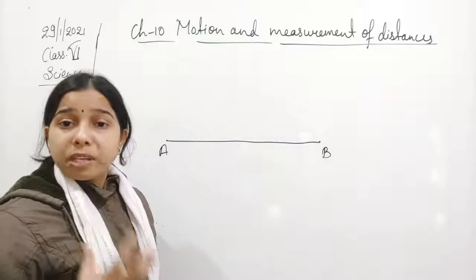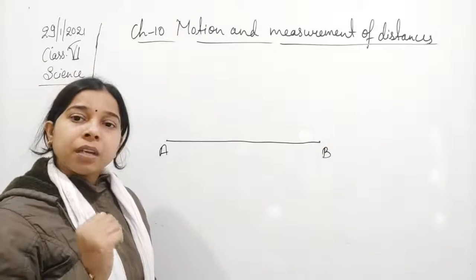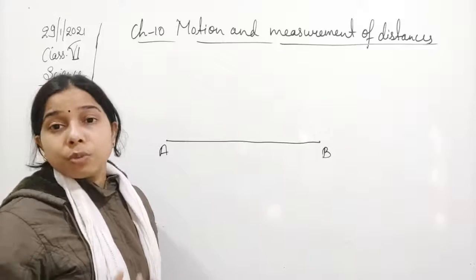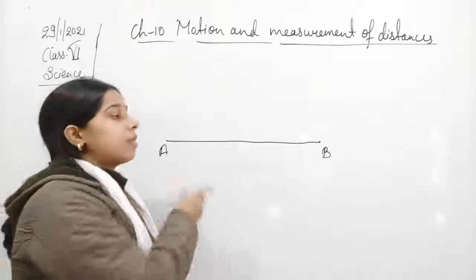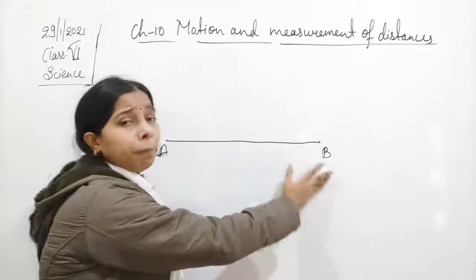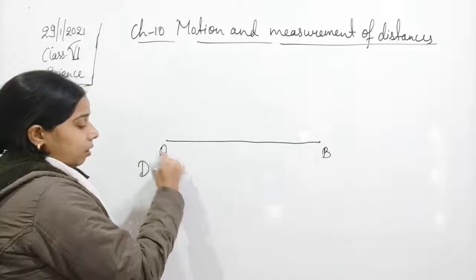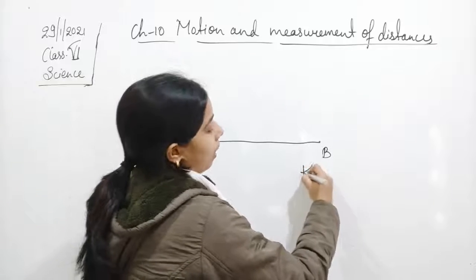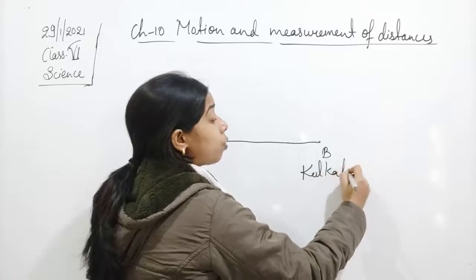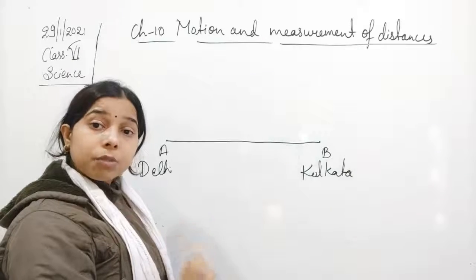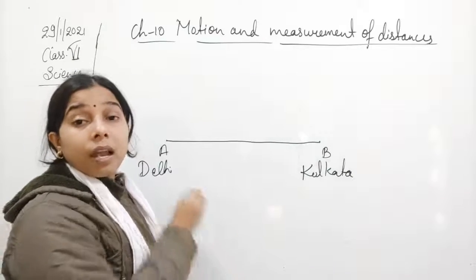If we want to measure the length, there must be some value as well as some unit in which we are measuring it. Suppose the distance from A to B, where A is Delhi and B is Kolkata. From Delhi to Kolkata, these are the two places and the distance between them is the length.